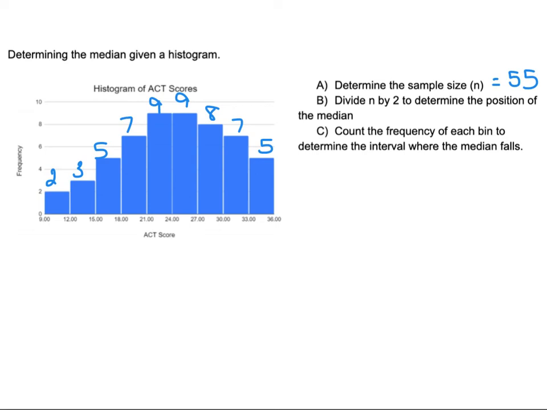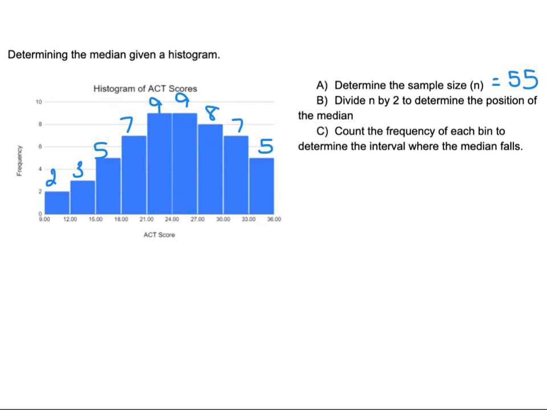So I just want to find, first of all, where is the position? Which bin does the median fall in? Now, just looking at this, I have a guess that it's probably in one of these two bins here, but I want to find for sure. I don't want to guess.